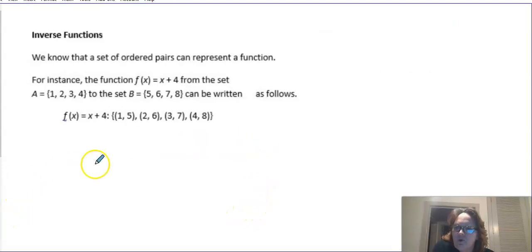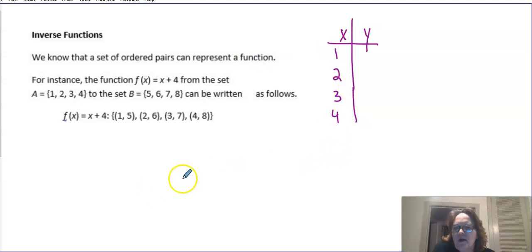So the next part of your notes states that we know that a set of ordered pairs can represent a function. So if we have f of x equals x plus 4, and we take just some random numbers, like if we made an xy table, we used 1, 2, 3, and 4 for our x values.